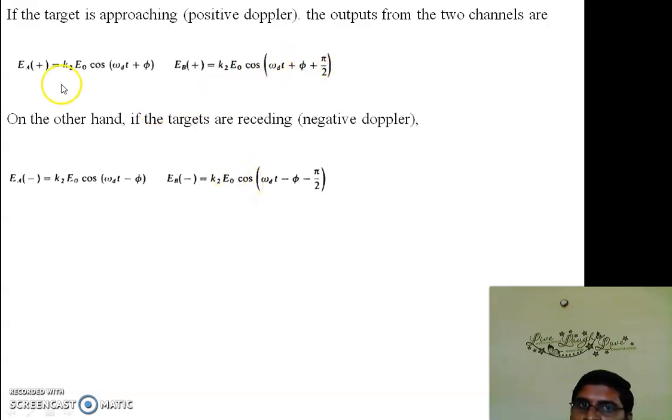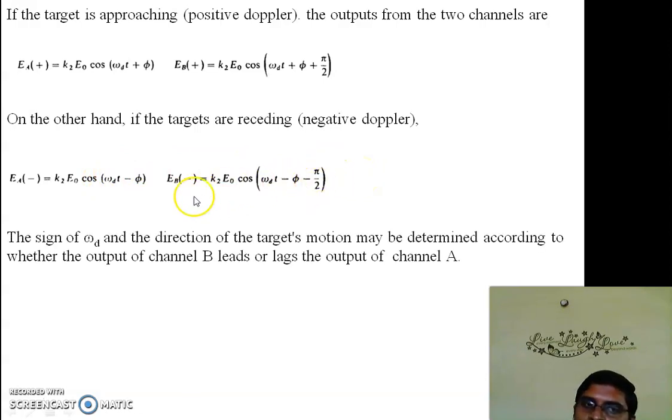So if we observe these two, if the target is approaching the radar, then the phase of channel B leads the phase of channel A by 90 degrees, plus 90. So if it leads, it means the target is approaching the radar. Here the phase of channel B lags the phase of channel A, which means the target is moving away from the radar.